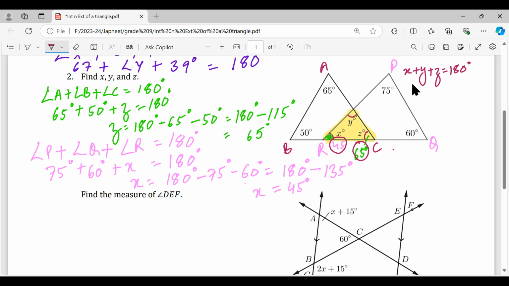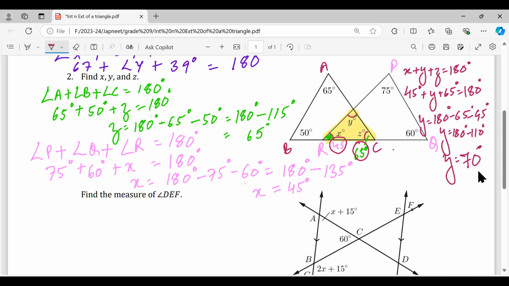Now we plug in the values. 45 degrees plus y plus 65 degrees gives you 180 degrees, and then y equals 180 degrees minus 65 minus 45 degrees. So you get 180 degrees minus 110 degrees. So y equals 70 degrees.